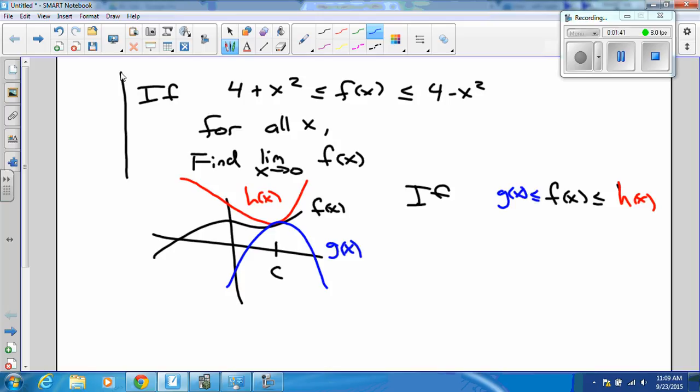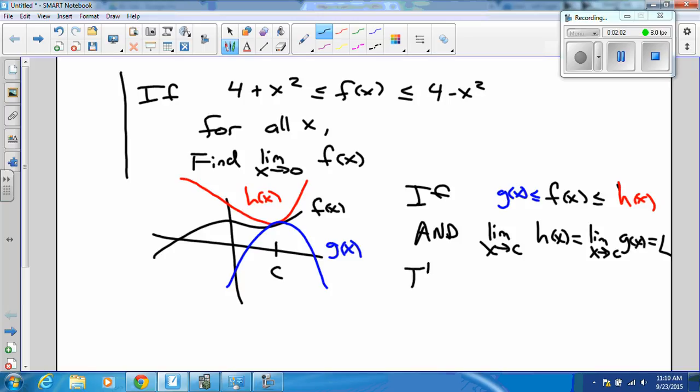And then our second condition is, if I happen to know that h and g go to the same limit, and let's call that limit L, then it must be the case that f of x is squeezed to the value L as well.